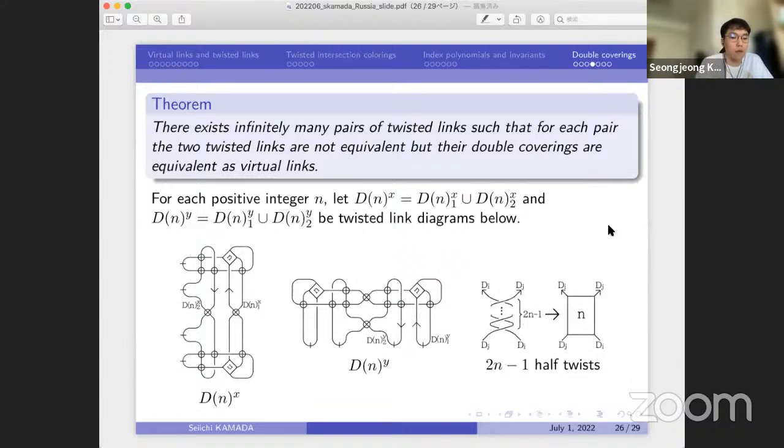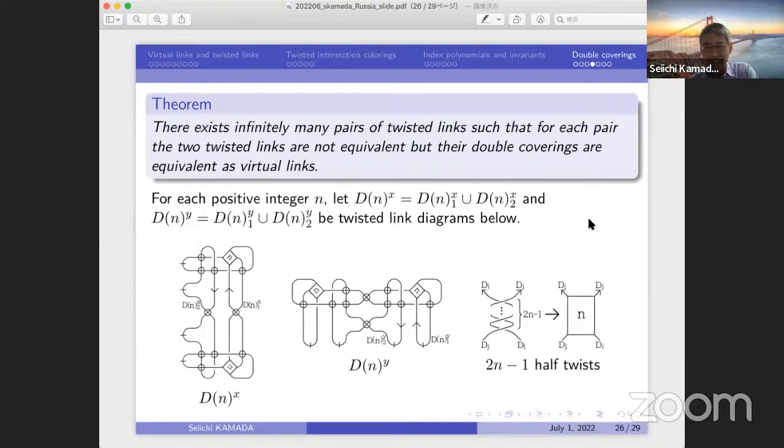Where the source-sink structure is broken, we place the bars, and then we obtain the twisted virtual links. But in that case, as I remember, we always obtain twisted links of even type. Then may I ask you to give us some hint where we can find twisted links of other types?